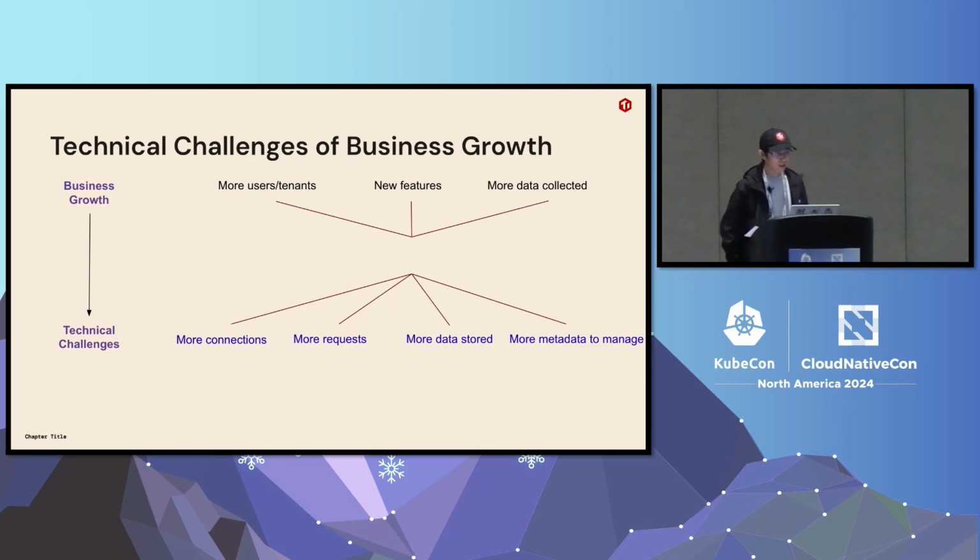From the technical perspective, there might be some challenges because for your application server or your backend database, there are more connections. It means more requests, more data, and more data to maintain. So let me give a real example to show this more specifically.